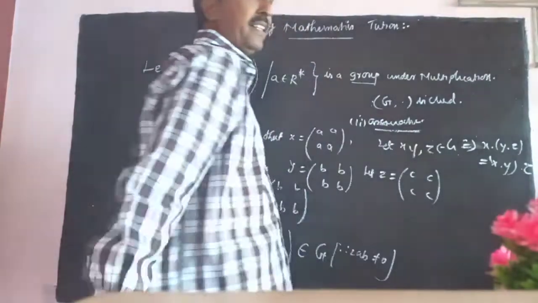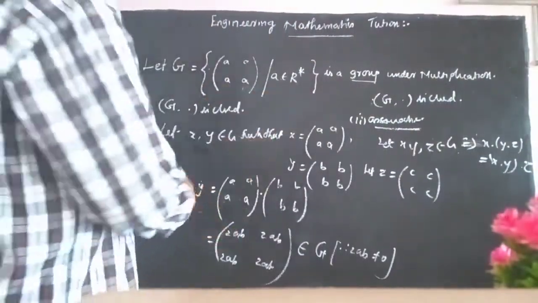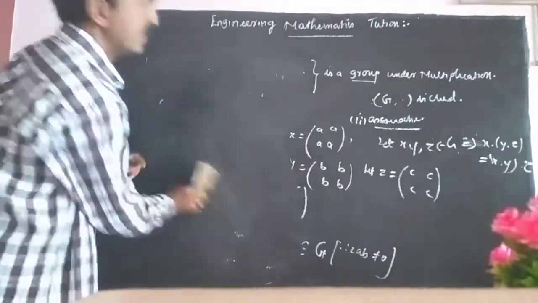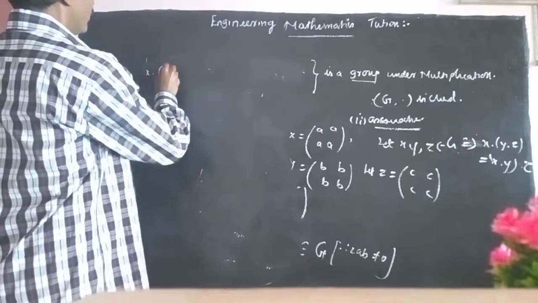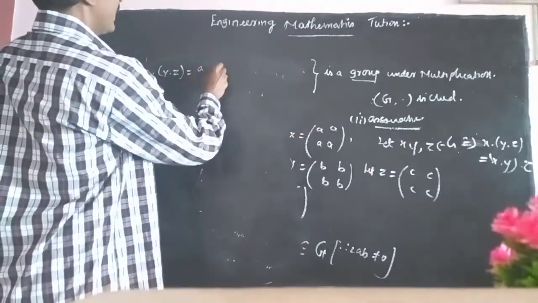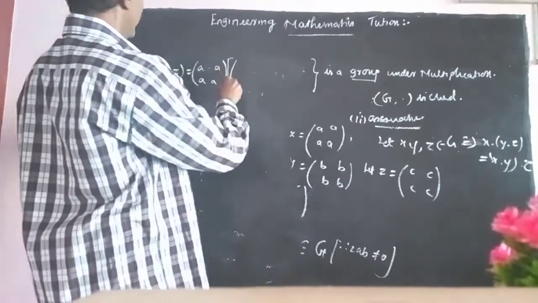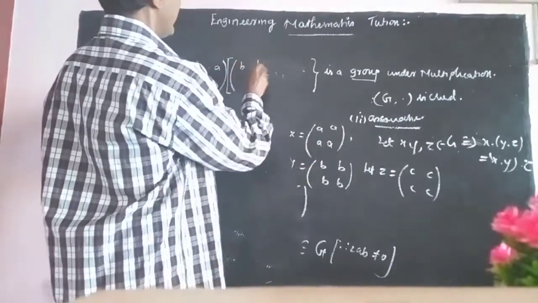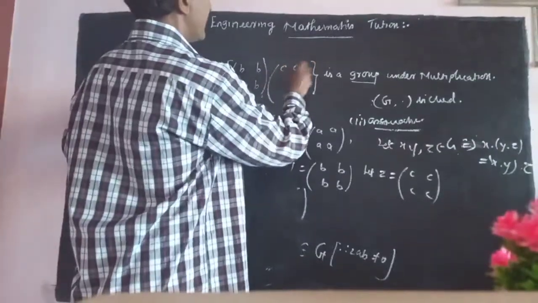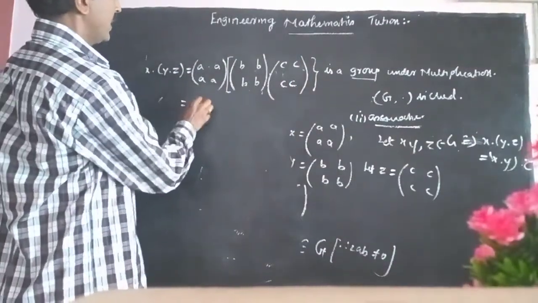Okay, c. First you find x dot y dot z. x dot y dot z is equal to x is element a and then y dot z, b dot c. Okay, so that is equal to a.